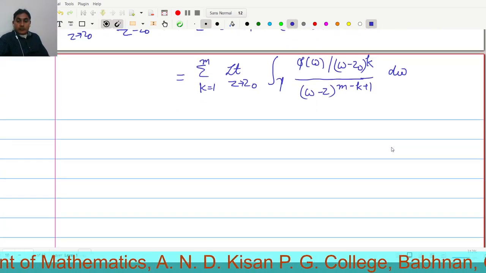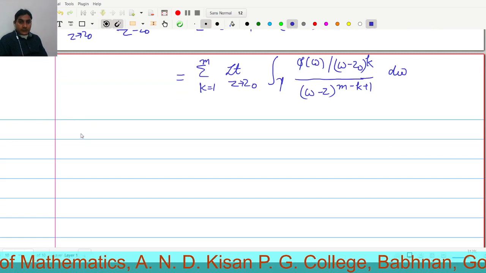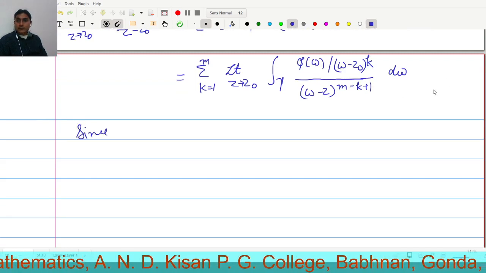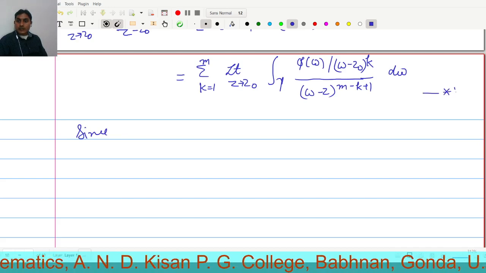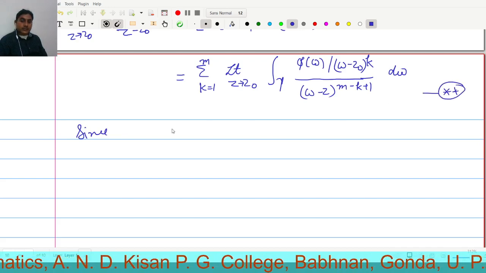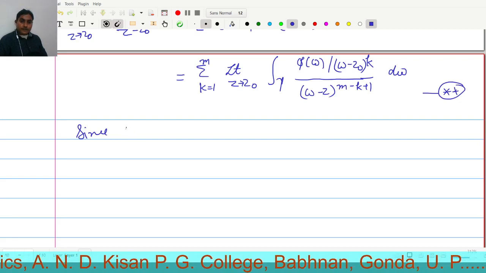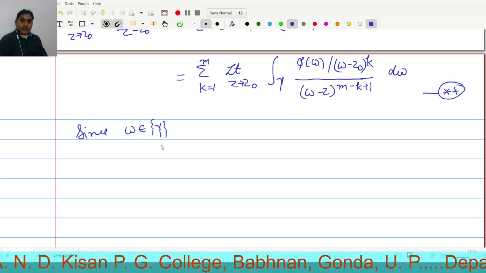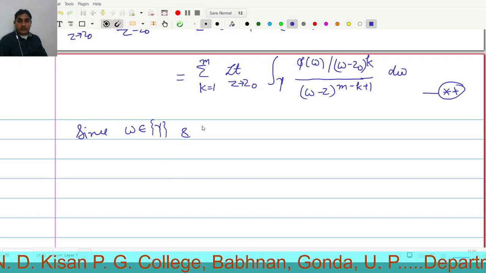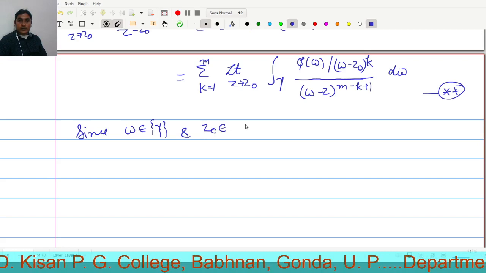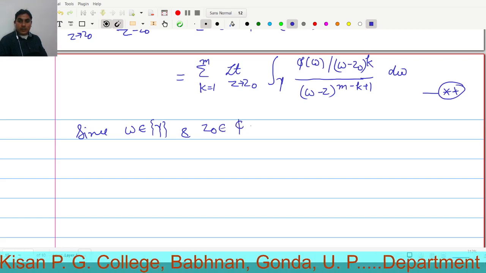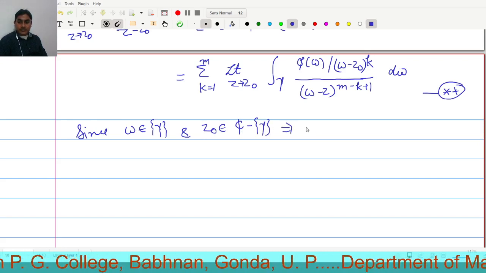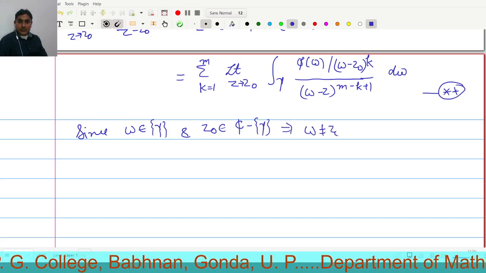Suppose this is double star. Since w belongs to the trace of gamma and z naught belongs to C minus the trace of gamma, this implies that w is different from z naught.